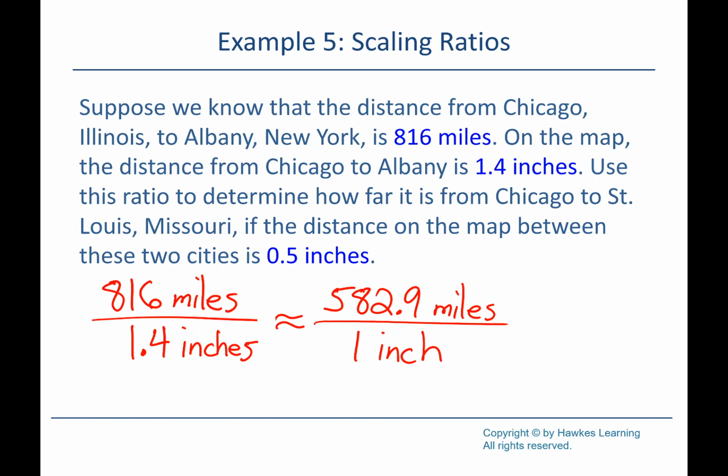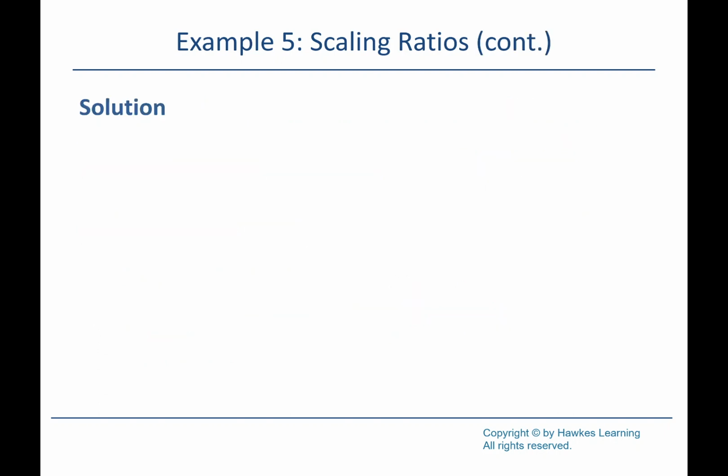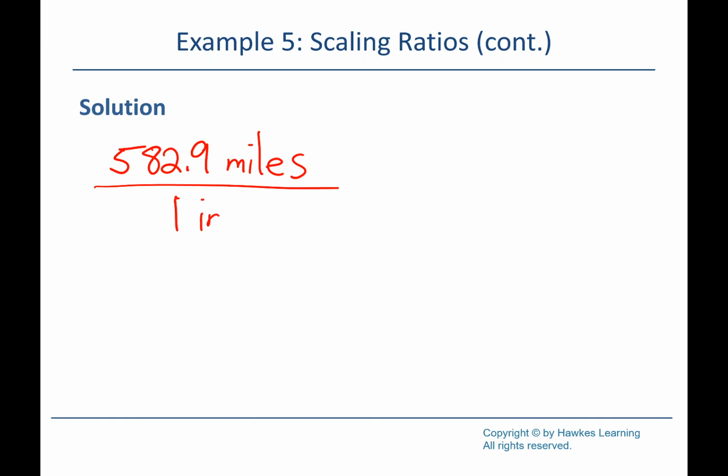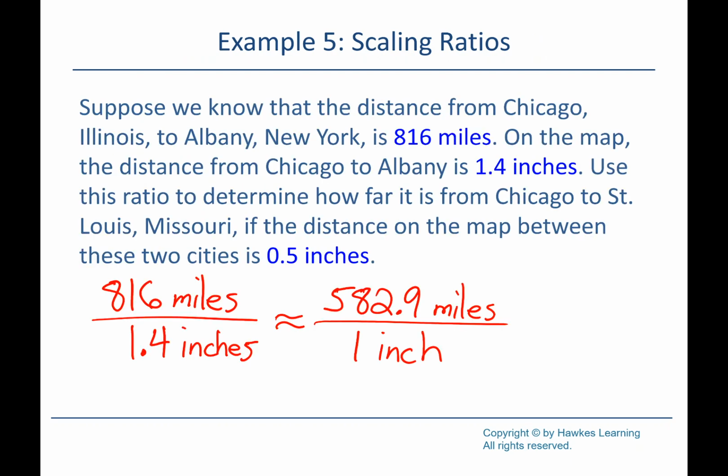Then what's left? If we want to figure out the distance between Chicago and St. Louis, if we know the distance on the map's 0.5 inches, so I'm going to take my scaling factor, 582.9 to 1. Maybe I had it backward. My brain's a little sleepy. Look at it written. So yes, you're right.